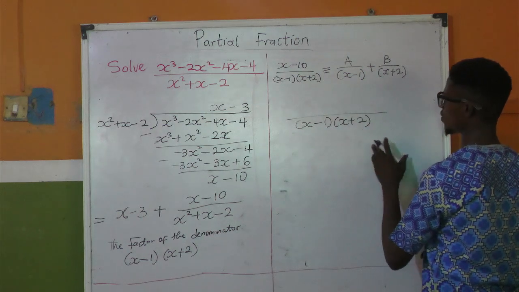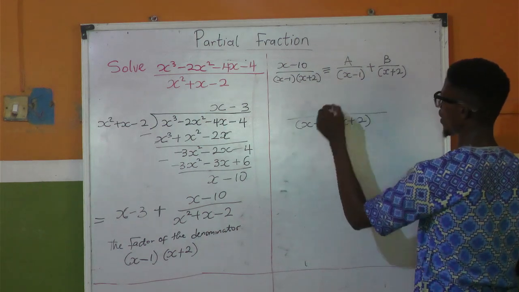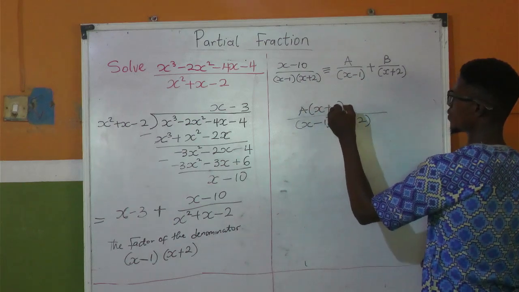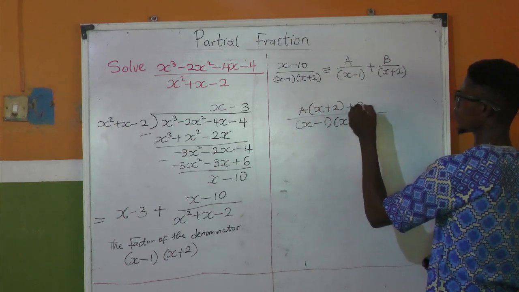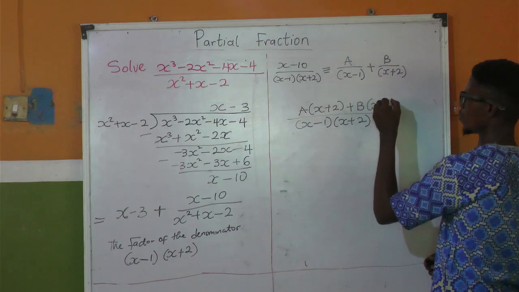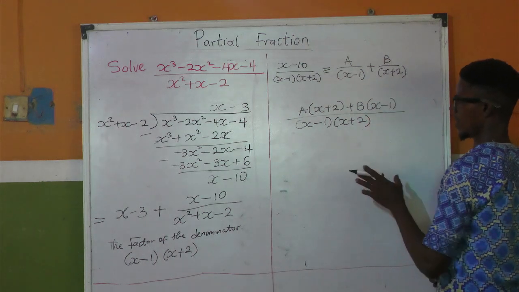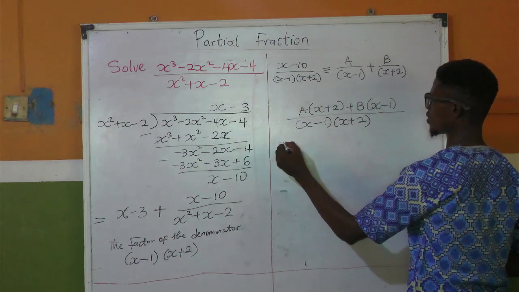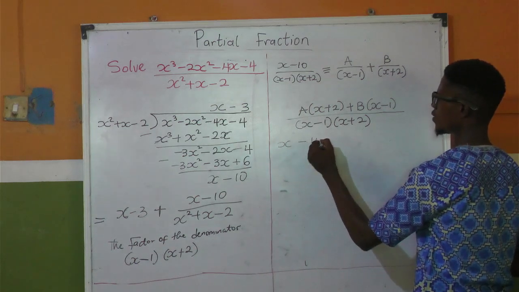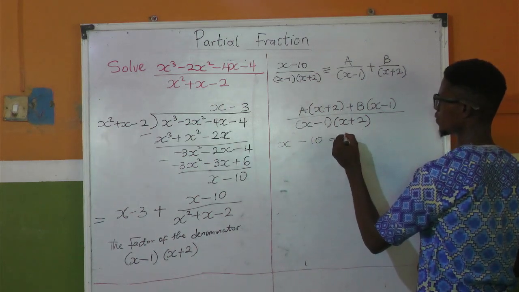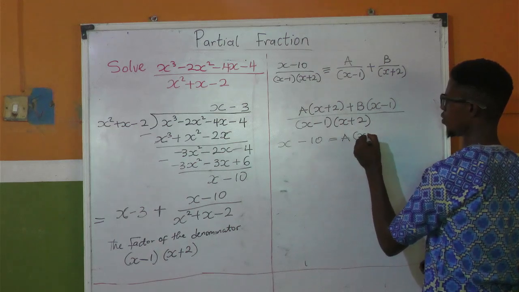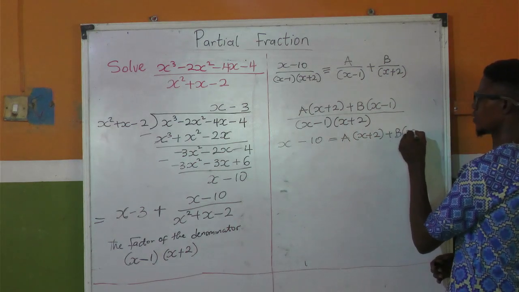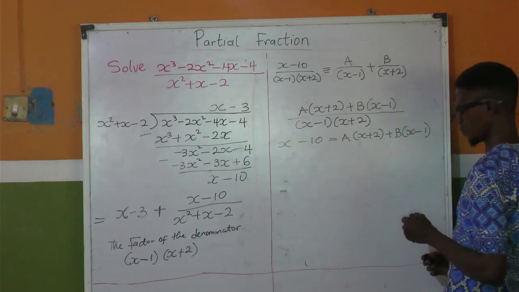So we're going to have A into x plus 2 plus B into x minus 1. Like I said, we are focusing on the numerator, so the numerator value of both sides. So x minus 10 equals A into x plus 2 plus B into x minus 1.